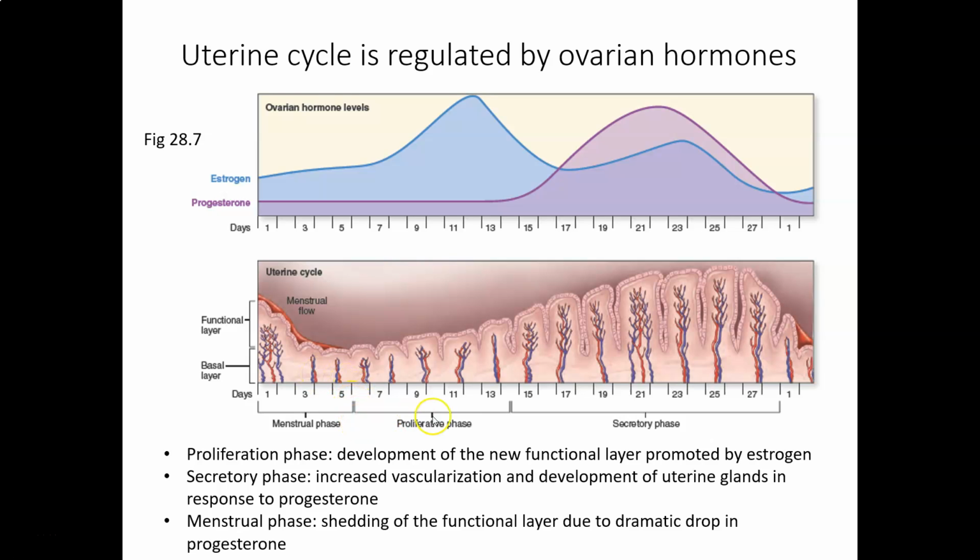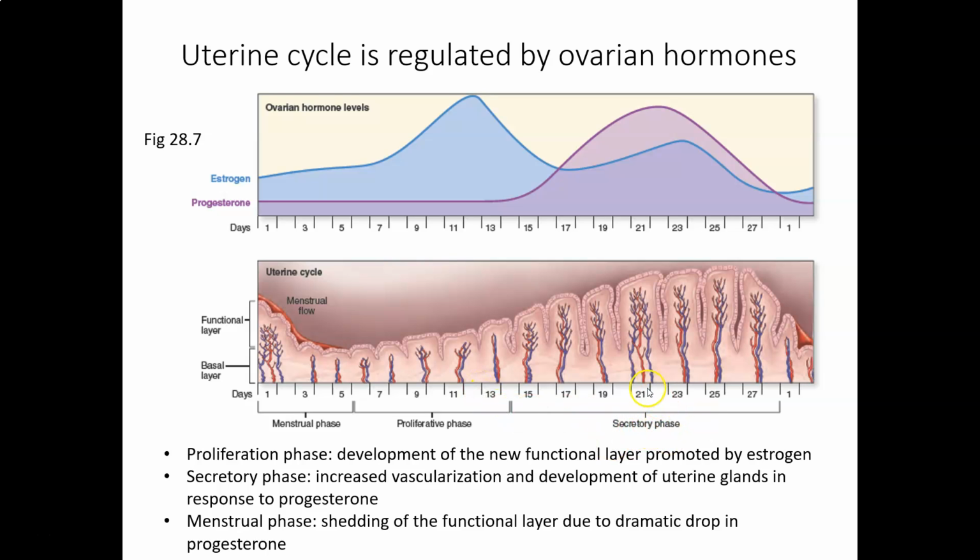Then the second phase, the proliferative phase, is under the influence of the estrogen level. You'll have the proliferation of the functional layer. And then in response to both estrogen and progesterone, right, the uterus enters a third phase called the secretory phase.